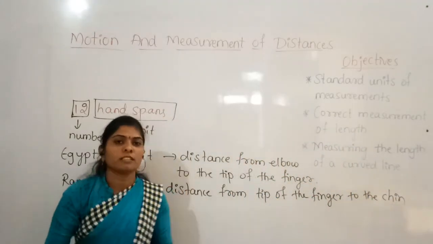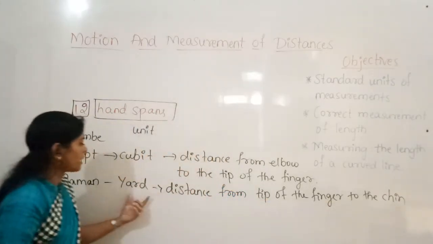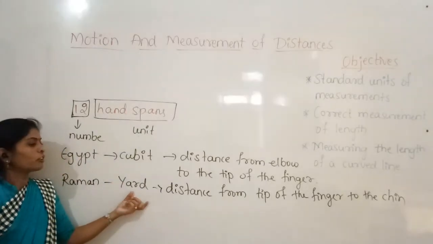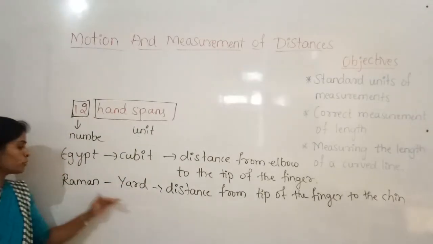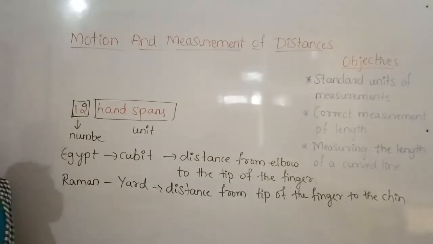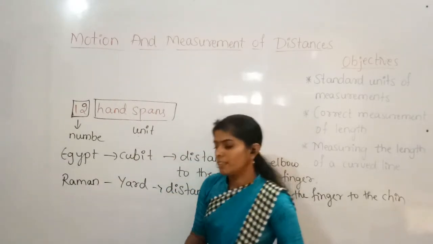Okay, to the chin. So the distance from the tip of the finger to the chin is called the yard. Usually in ancient times, the cloth merchants used the yard as the unit of length. They also used the pace. Pace means the long step.